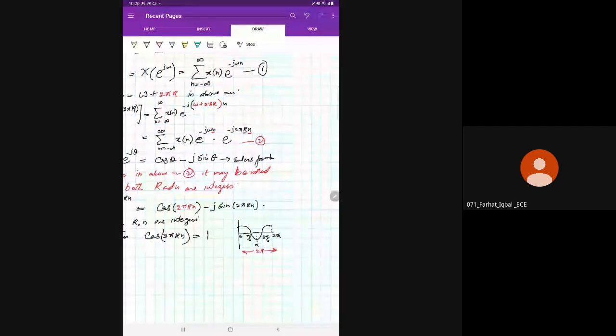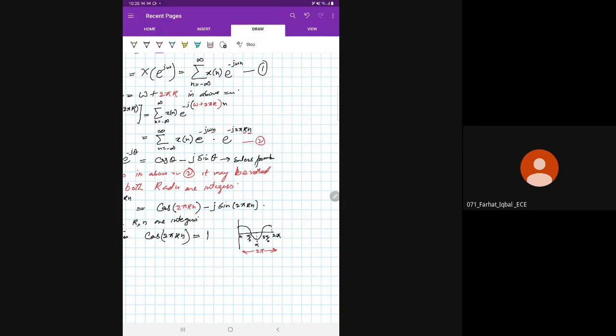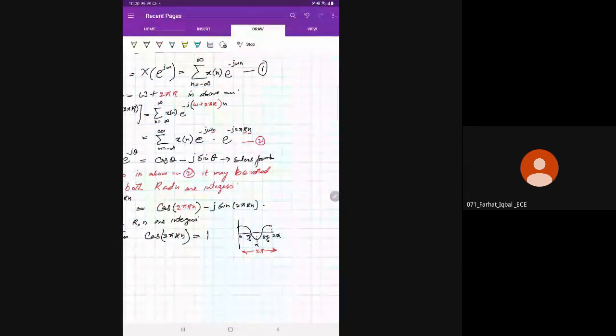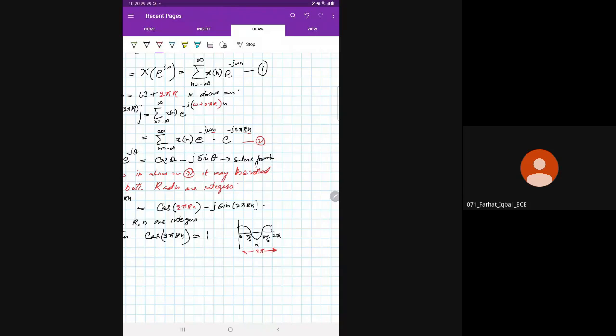Now, if you multiply 2 pi by n, k will be an integer and n is also an integer, so k into n is also an integer. So if you multiply it by any integer, you will obtain different cycles of cos.